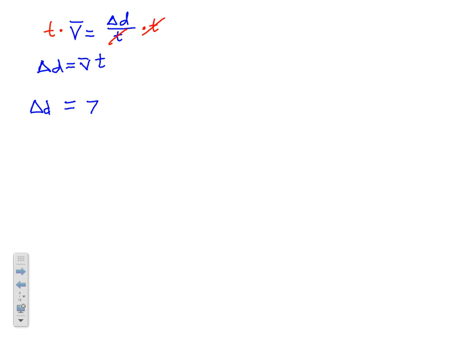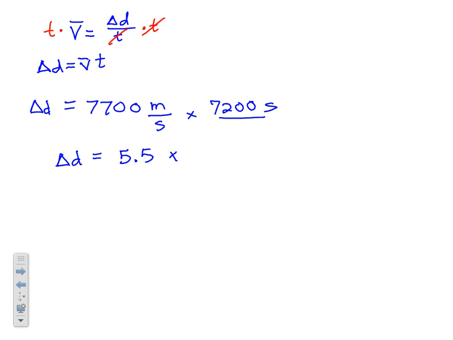Our velocity is 7,700 meters per second times 7,200 seconds. We multiply those two together, and we get a change in distance. Now it's a space shuttle going really fast for 2 hours, so it's going to be a big number: 2 sig figs times 10 to the 7th meters.